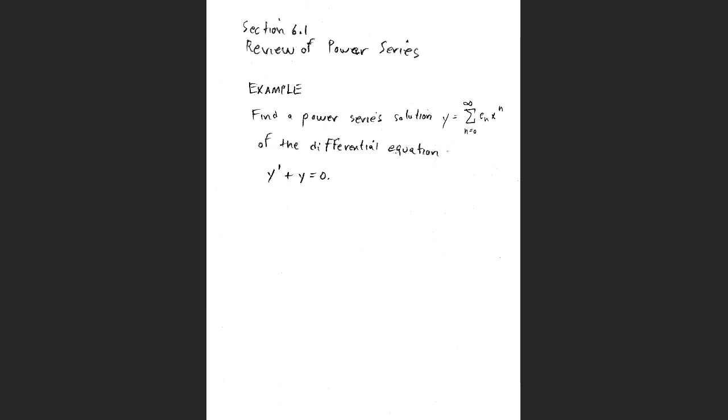So let me ask you, what's the order of this differential equation? y prime plus y equals 0. What order is it? First order. Okay, good. What's the auxiliary equation? It's a homogeneous differential equation. Okay, good, Zachary. m plus 1 equals 0.